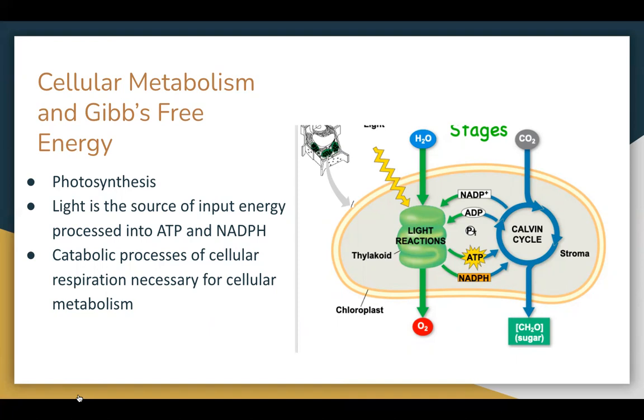Once that energy is absorbed by photosystem 1 and 2, it's processed into ATP and NADPH, which from there on in the metabolic process is going to represent the free energy, as ATP and NADPH are super high in potential chemical energy, which is the same thing as free energy. They're interchangeable. And this is given from the catabolic processes of the reverse of cellular metabolism, which is cellular respiration.